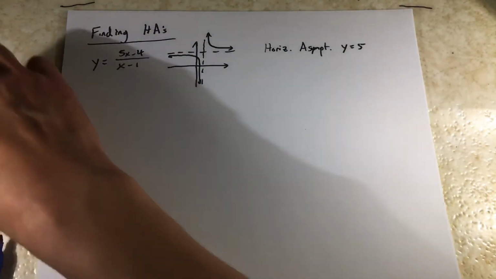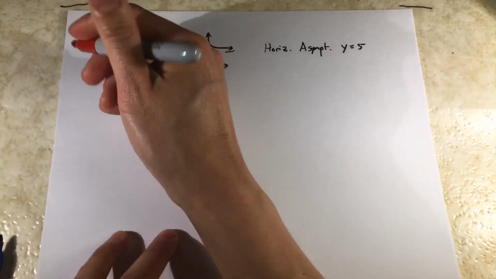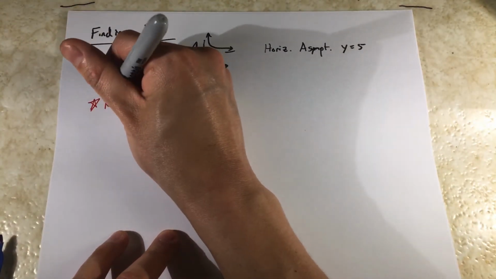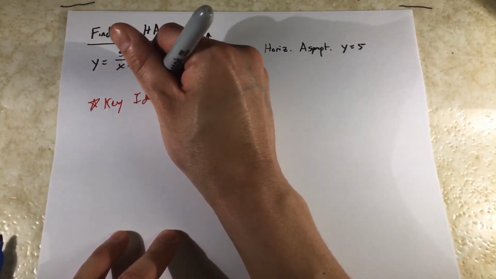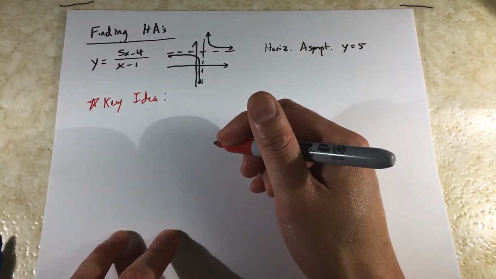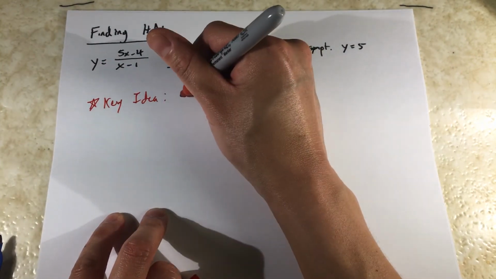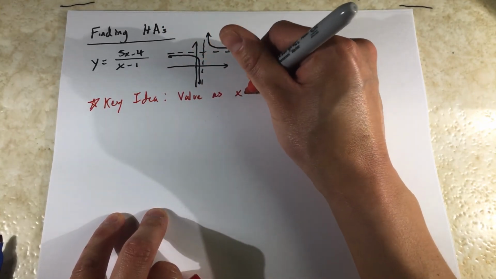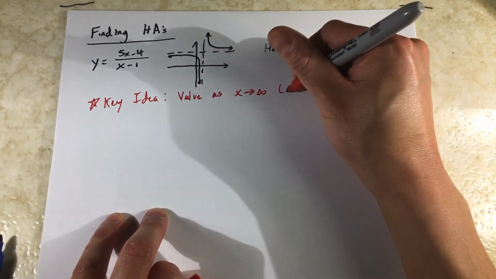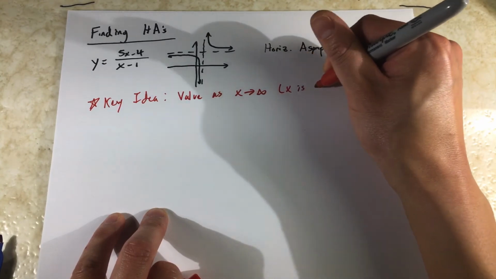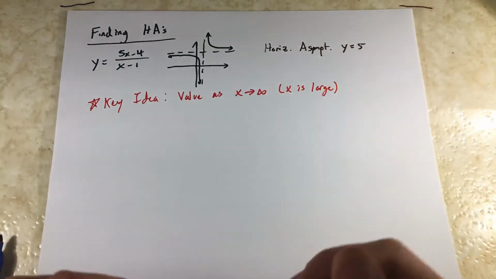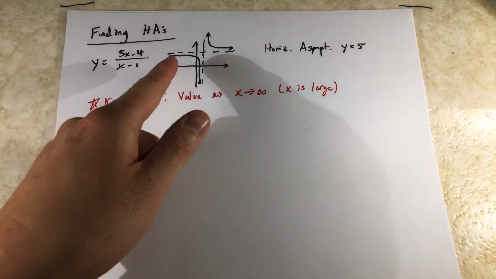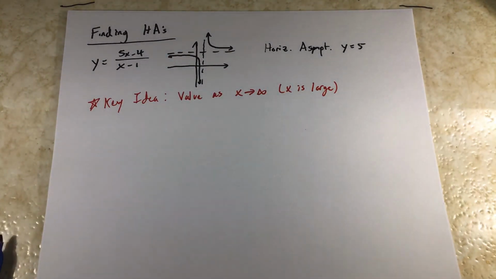Again, there's a key idea here, and the key idea is basically to find the value as x approaches infinity, or, another way of saying it, when x is large. When x is really large, what does the value of the function tend toward?